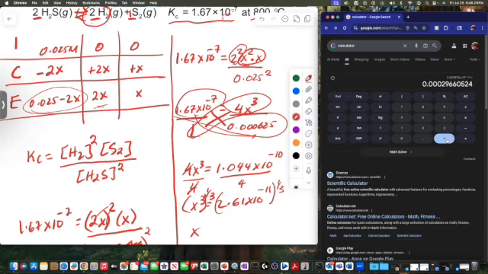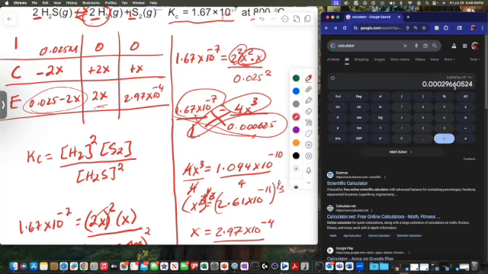Okay, so x, this cancels out here. That's how it works in math. The 3 cancels out. x is equal to 2.97 times 10 power negative 4. Okay, so go back here. Let me record it right here. This is 2.97 times 10 power negative 4.